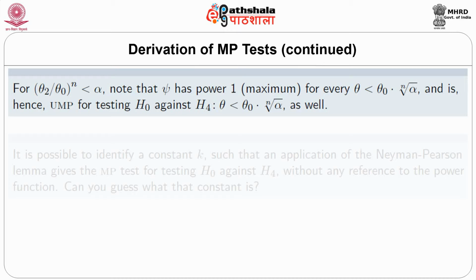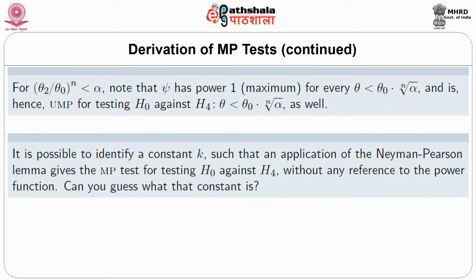Now, for theta 2 by theta naught to the power n less than alpha, we have already shown that the power of psi is 1 for every theta less than theta naught alpha to the power 1 by n. So, here theta 2 is less than theta naught alpha to the power 1 by n. We have already considered the case where theta 2 lies between theta naught alpha to the power 1 by n and theta naught, but for theta 2 less than theta naught alpha to the power 1 by n, the power is 1.